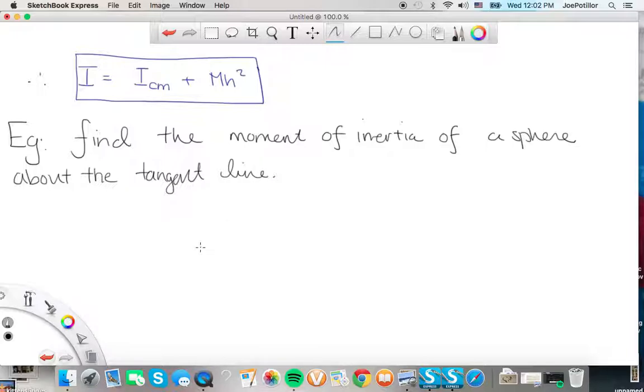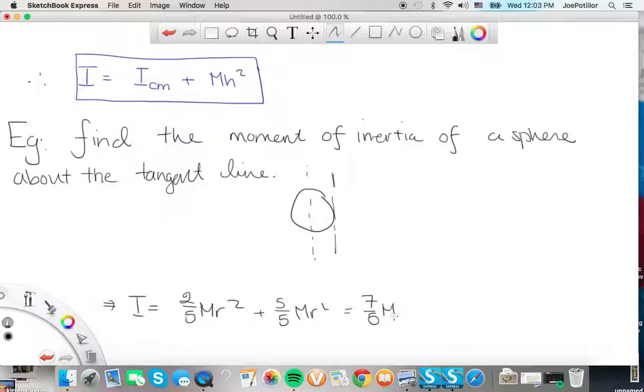So, starting visually along this point, I already know the moment of inertia through the center. So I is equal to the moment of inertia, which is 2 fifths m r squared plus 5/5 m r squared, which is 7 fifths m r squared. And that should make sense.